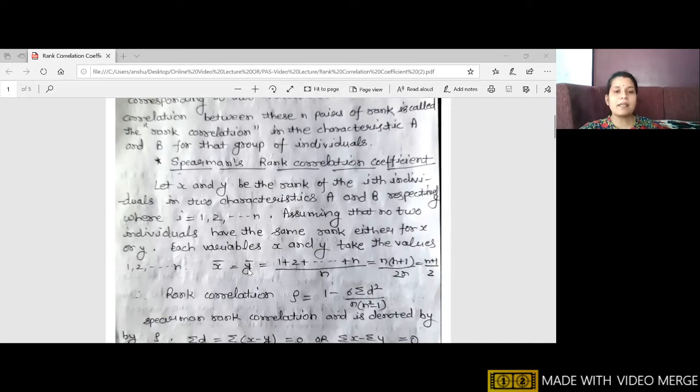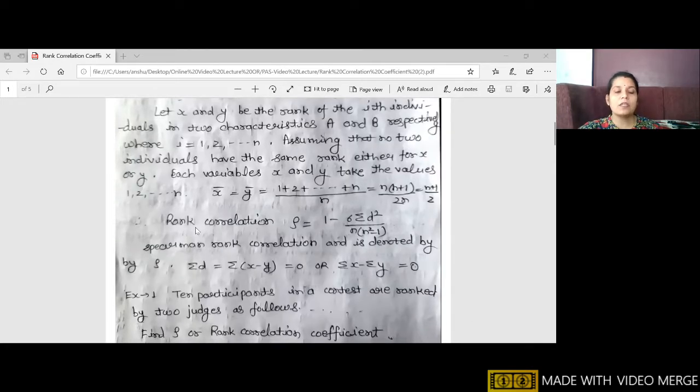So x bar is equal to y bar is equal to what? n plus 1 divided by 2, or (n plus 1) by 2. So the formula of the rank correlation rho, sometimes we write capital R. Small r is the correlation coefficient and capital R is the rank correlation coefficient.